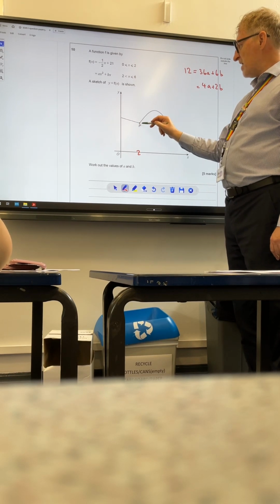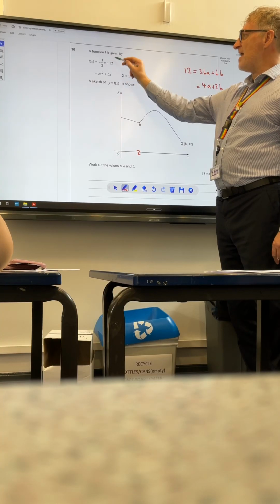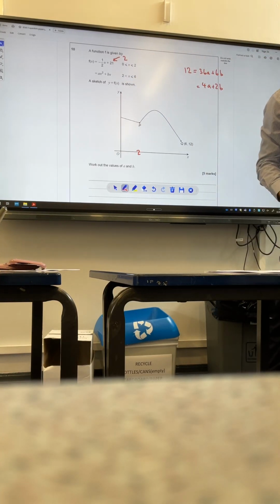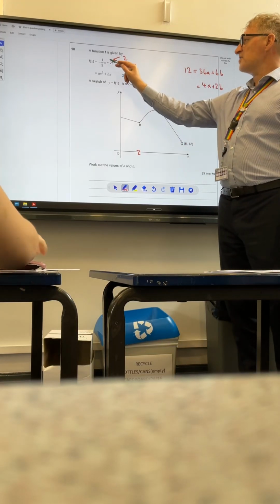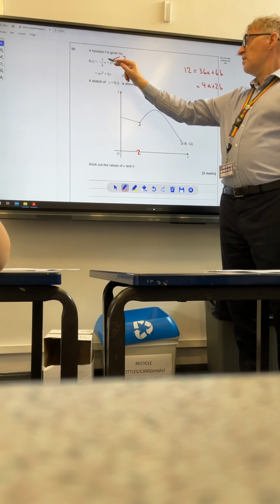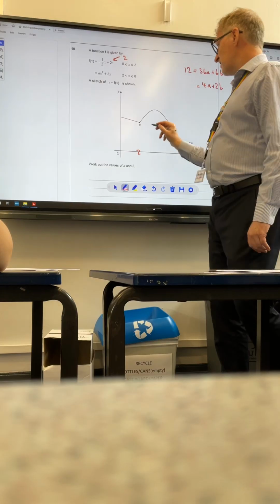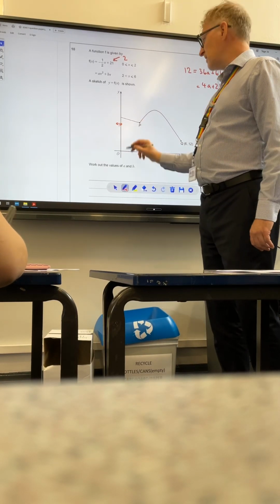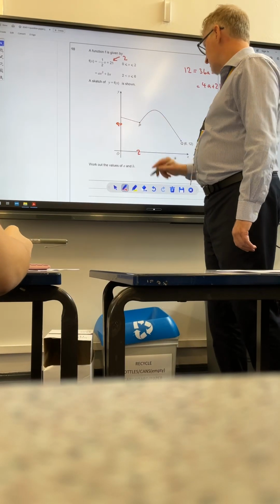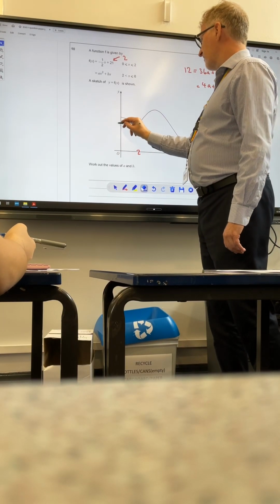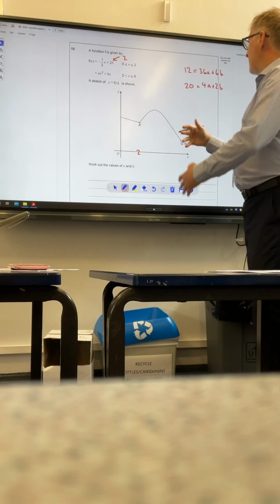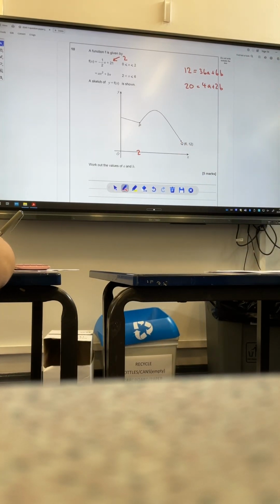So if I put x equals 2 into here, I'm going to get my y-coordinate. So minus a half times 2 is minus 1, plus 21, so that's 20. So that's actually at 20. Right, ignore that. So we're going to have 20 there. And then simultaneous equations.